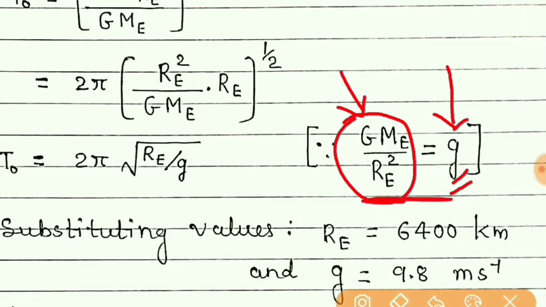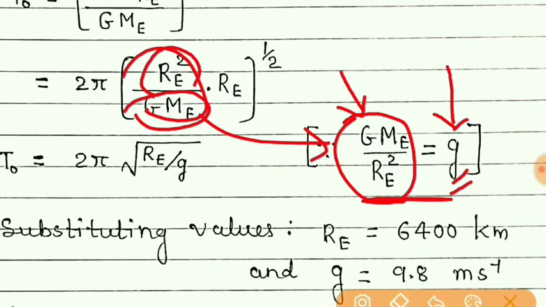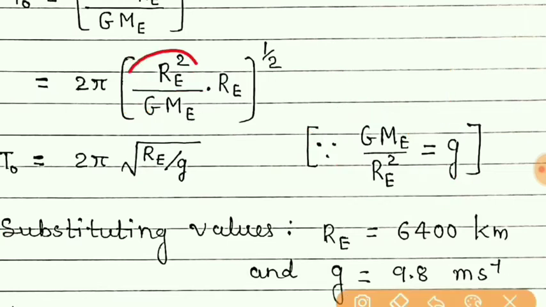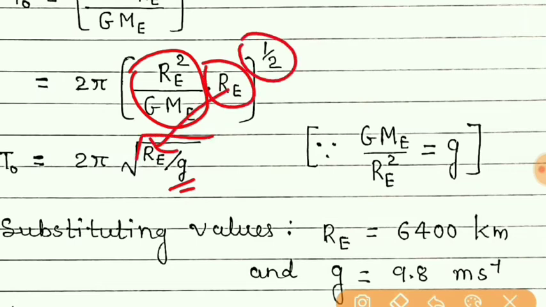So here also you can see it is GMe upon Re square, but it is the inverse of this term. So in place of this we can write 1 upon g, Re as it is, and this 1 by 2 means it is root, 2 pi as it is.